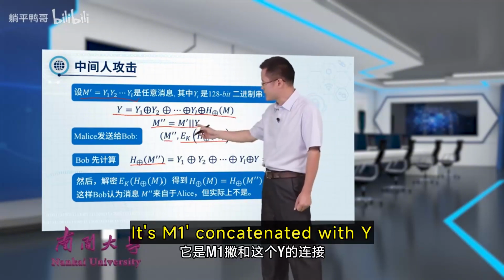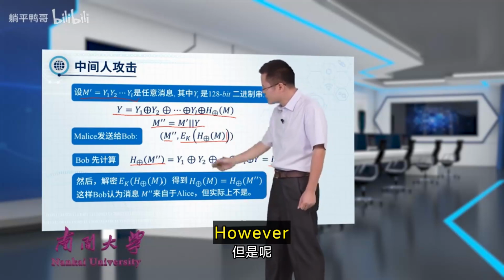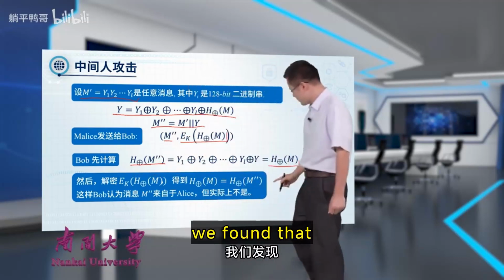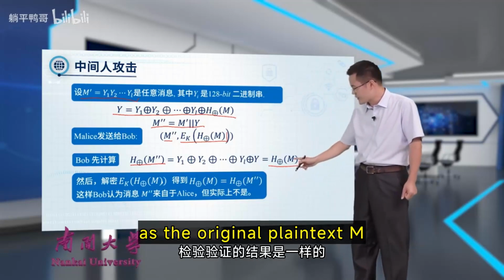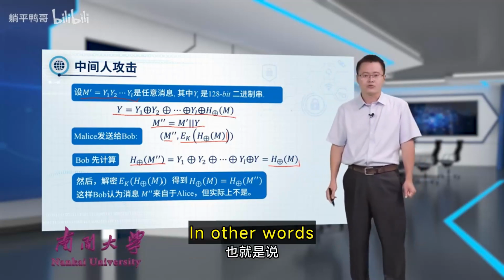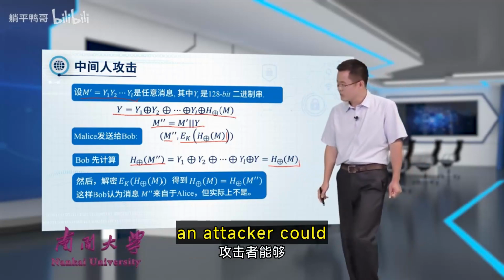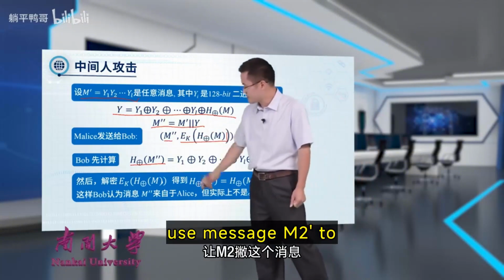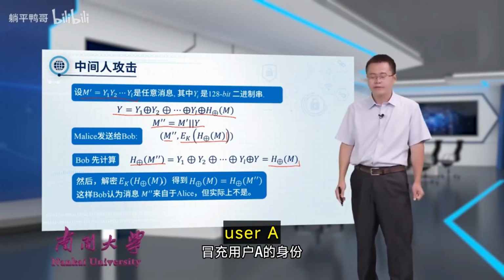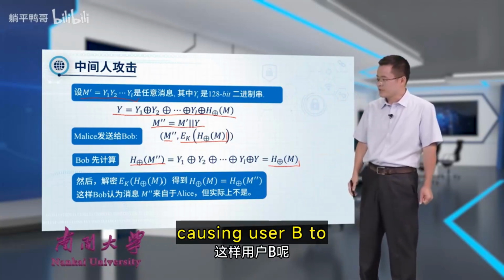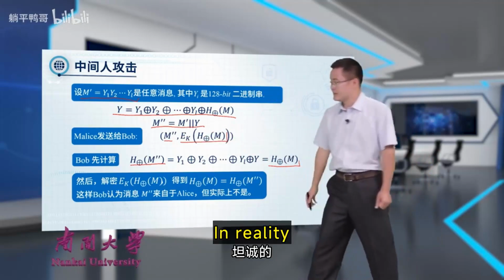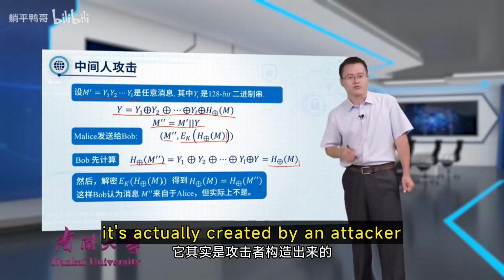It's M1 prime concatenated with Y. However, when testing M2 prime during verification, we found that it produced the same verification result as the original plain text M. In other words, an attacker could use message M2 prime to successfully impersonate user A when sending to user B, causing user B to mistakenly believe message M2 prime comes from Alice. In reality, it's actually created by an attacker.